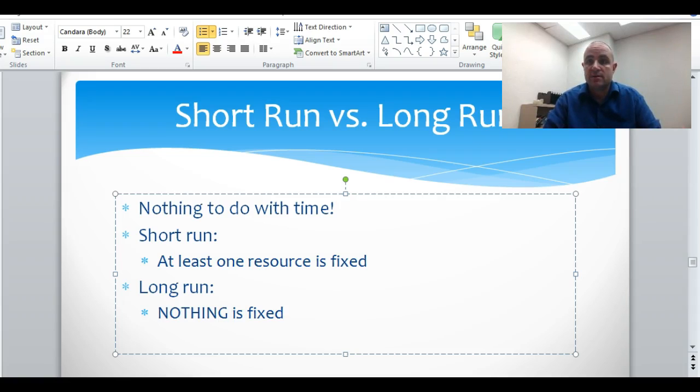Now, in the short run, at least one resource is fixed. Something used in production of a product is fixed. You're stuck with it. So, for example, let's say that you own a pizzeria, and let's just say you make only pizza. In the short run, the number of ovens you have is fixed.